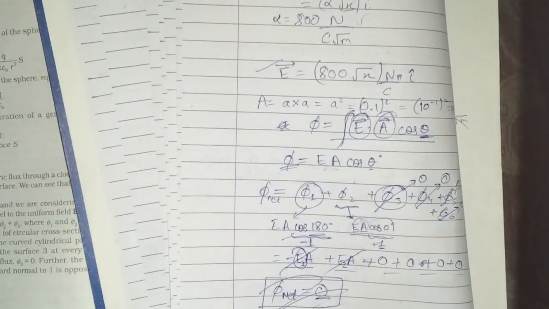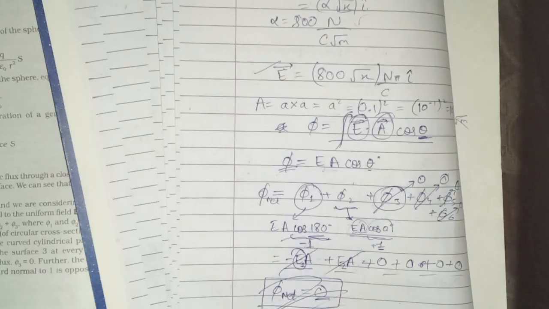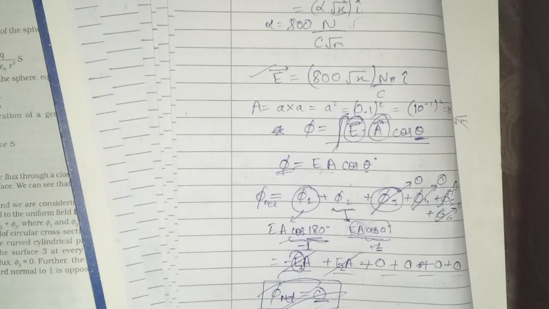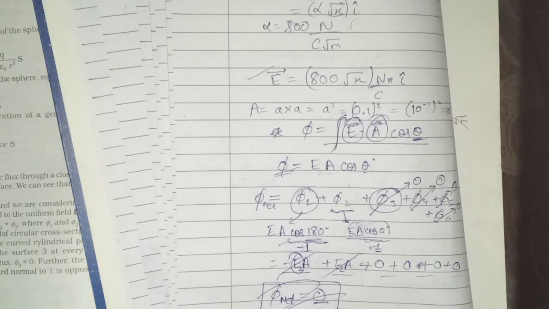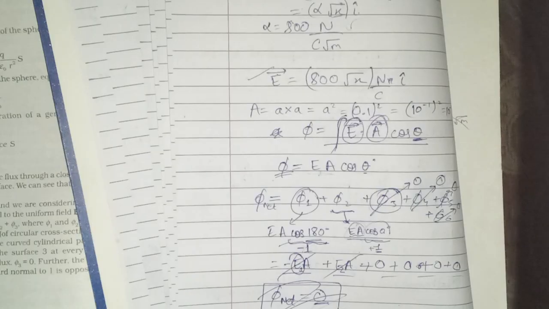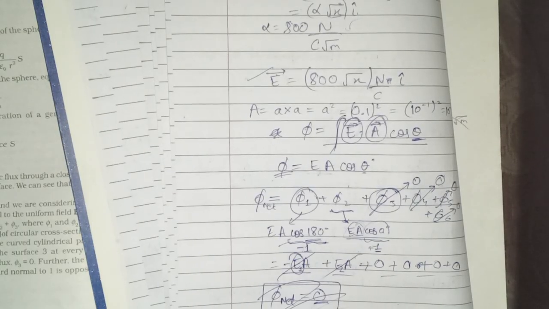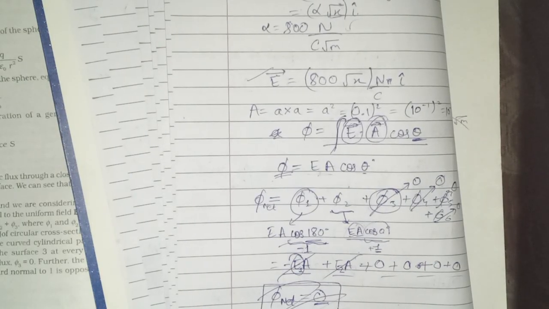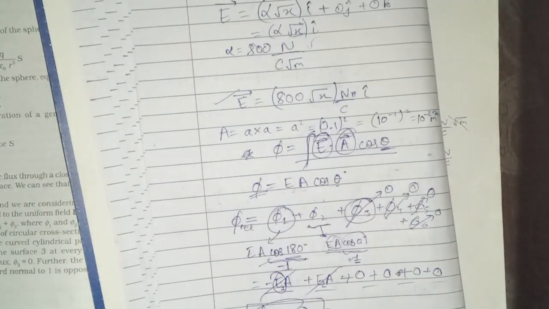So it is minus alpha root x, and this one is the area, so we put 10 to the power minus 2.